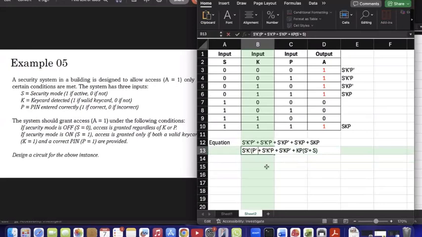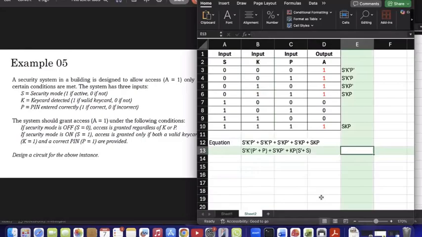But for exam, please do step by step, okay? It will be good. Can we shorten S plus S bar to 1? Is that fine, or do we have to write the steps? S bar plus S, usually we can say 1. So can we directly put it as K P? Yeah, no problem.